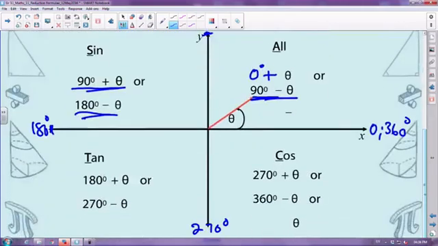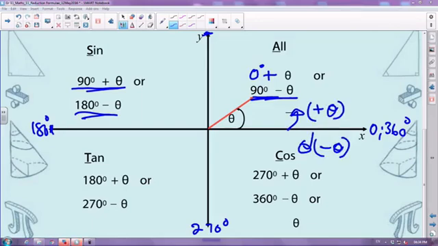In the third quadrant, you've got 181, 182, up to 270, so it's going to be 180 plus or 270 degrees minus an angle. The same thing applies to the fourth quadrant: 270 plus and 360 degrees minus. And mind you, with the positive and the negative angles, if it's a plus, we are moving in the one direction, and if it's a minus, we're moving the other direction. Okay.